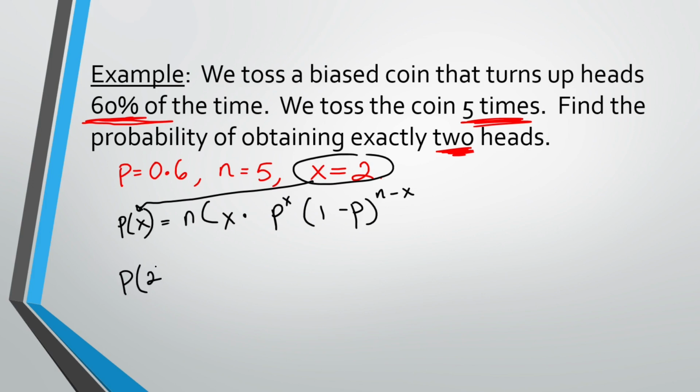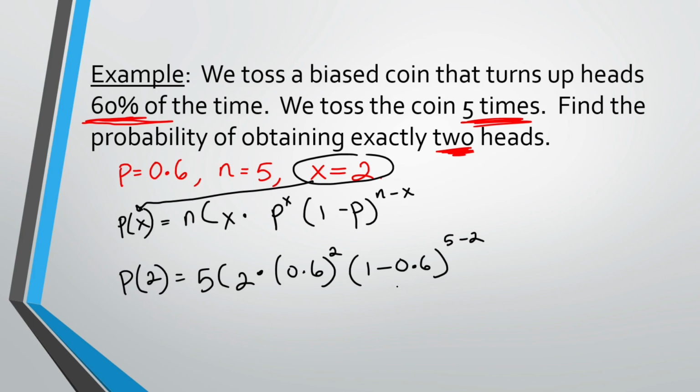So P of 2 equals 5 choose 2 times p, which is 0.6 raised to the second power, times the quantity 1 minus 0.6 raised to the 5 minus 2 power. I always like to simplify each part separately, then I'll do the whole thing on a calculator. 5 choose 2 is equal to 10, and 1 minus 0.6 is 0.4, and 5 minus 2 is just 3.